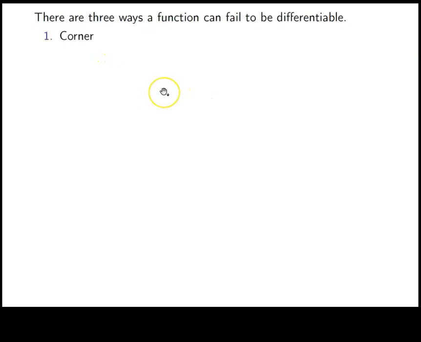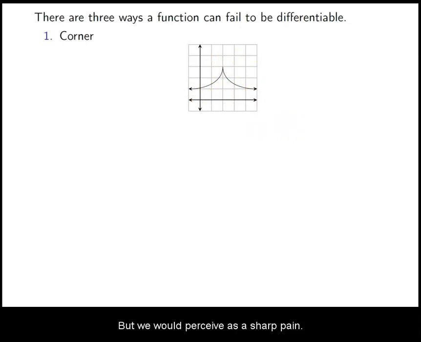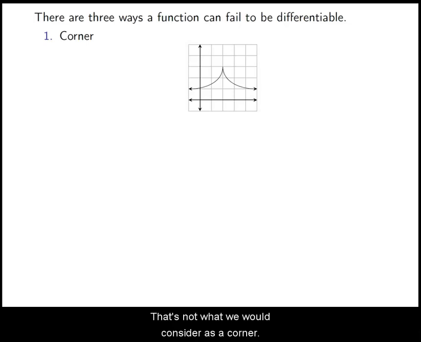One is that my function creates a corner. I can be continuous, but I'm creating a sharp corner. When I say sharp corner, I mean something like this. If you have, let's say, absolute value, where you have what we would perceive as a sharp corner, that's not what we would consider a corner here.